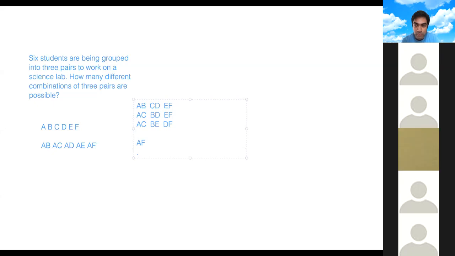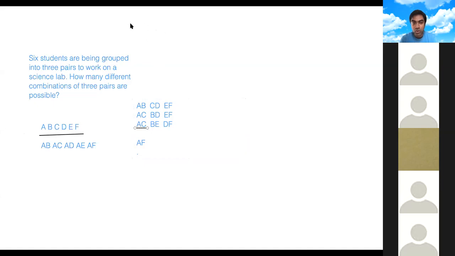15 times 14 times 13. How do you get 13 here? Okay, so let's think first about how we have 6 students, A, B, C, D, E, F. We want to find how many choices there are for this first group of people.